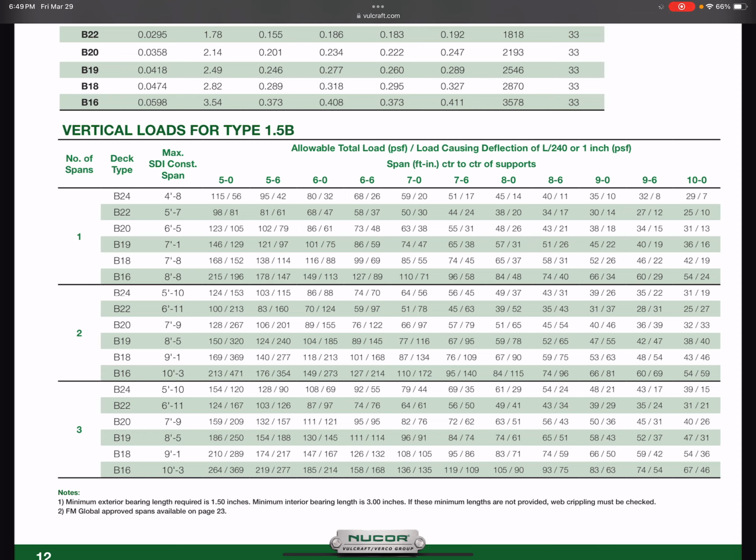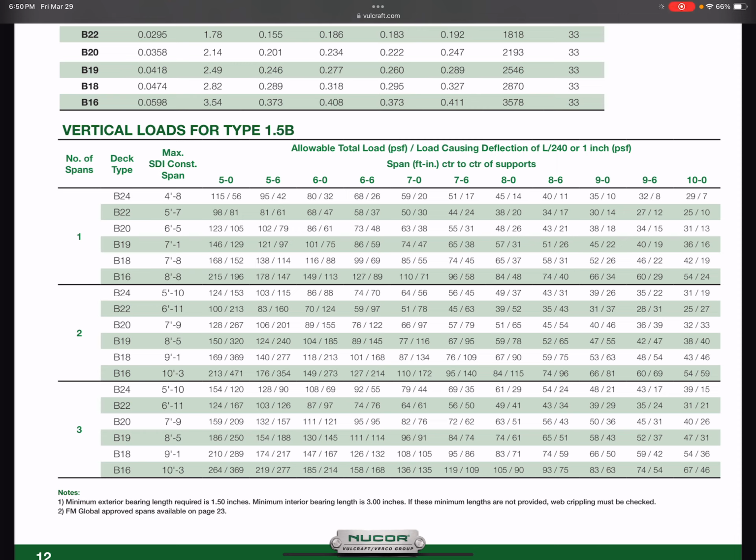So if we had an 18 gauge, which is a heavy metal deck, B deck, at 5 foot span, we can handle 168 pounds per square foot of total load, right? So that's essentially the maximum load that this deck can handle. And then the 152 is the amount of load that causes L over 240 or 1 inch of displacement, whichever is less, for this decking, right?